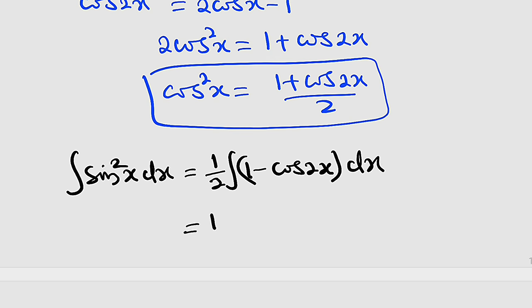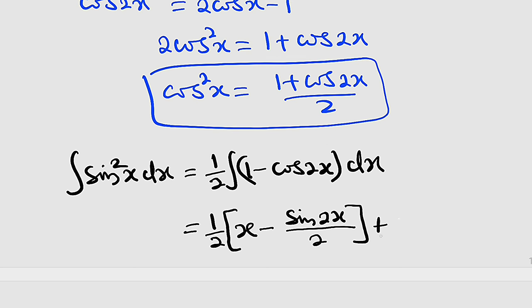This is equal to 1 divided by 2 multiplied by the integral of 1 with respect to x is x minus, if you integrate cosine of 2x, that will give you sine of 2x. But you have to divide by the derivative of that function inside, which is 2x. The derivative of 2x is 2.